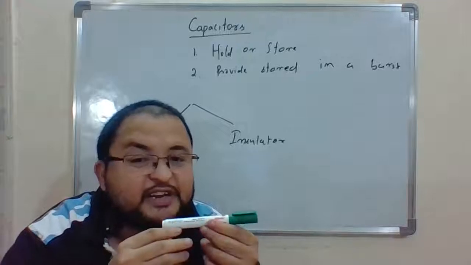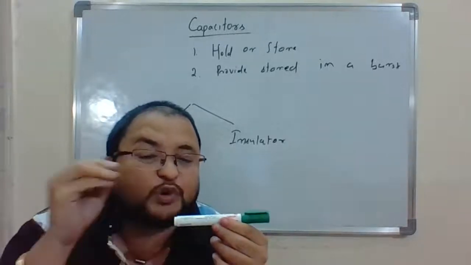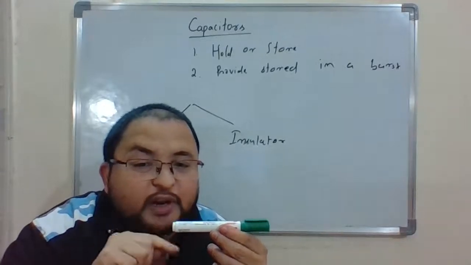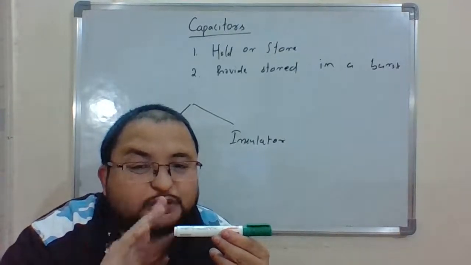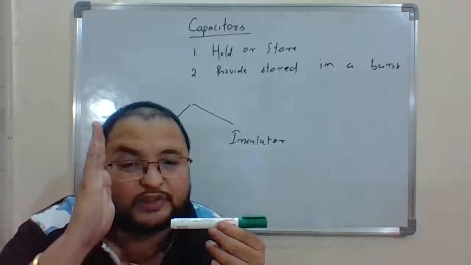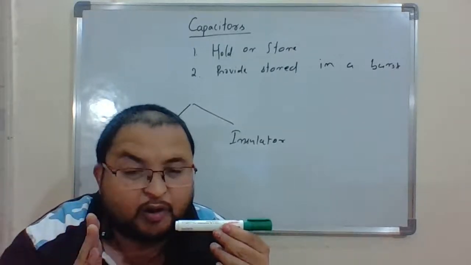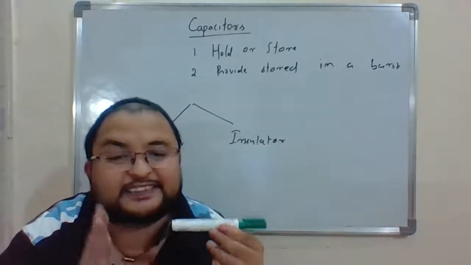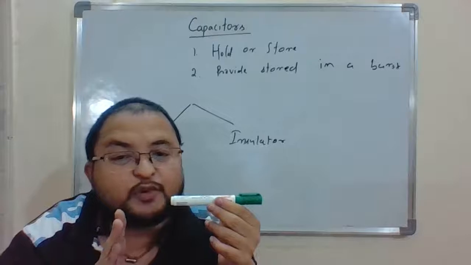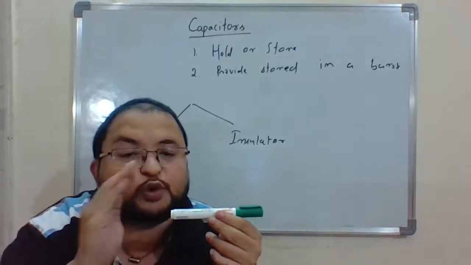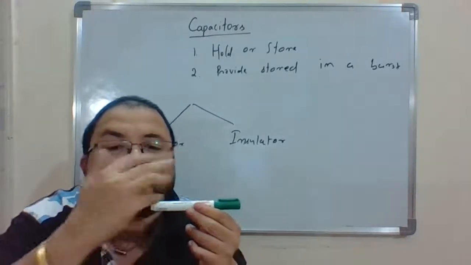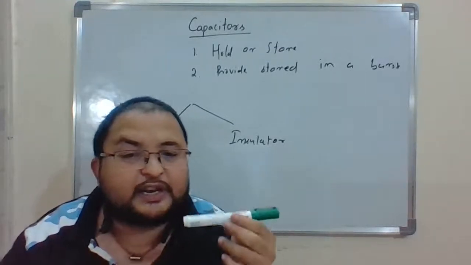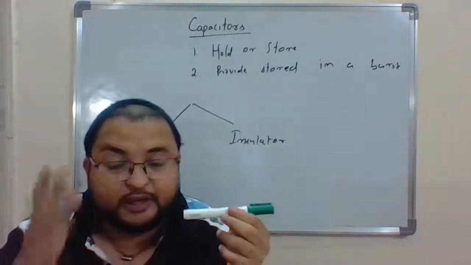So that means I can give more charge to it before its potential becomes equal to the potential of the agent which is charging it, and that is the reason why, if I'm using a conductor to store charge, I can store a larger amount of charge, and that charge can be given to an electric circuit in a burst.